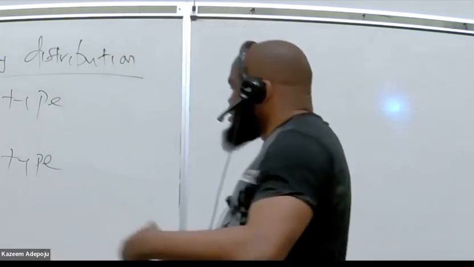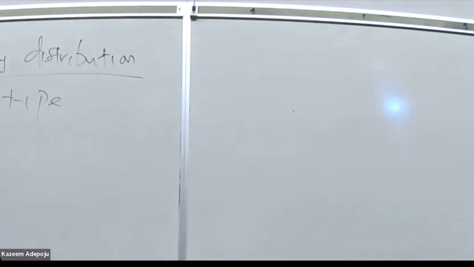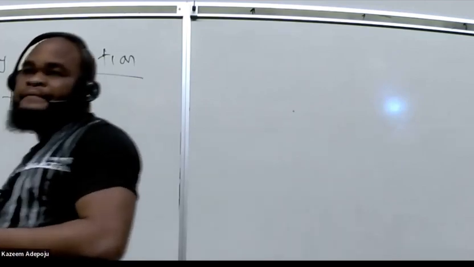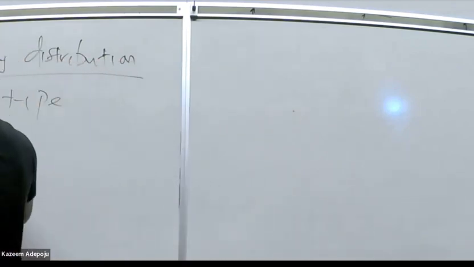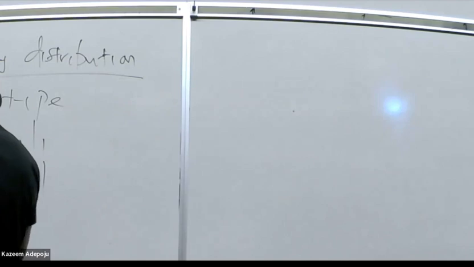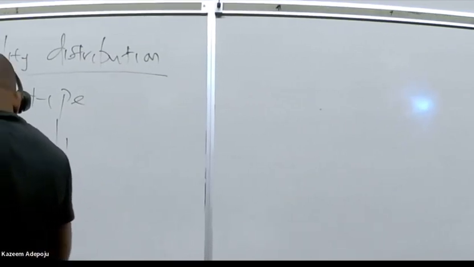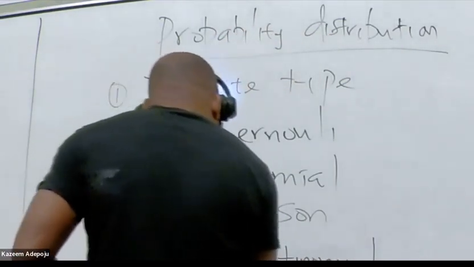Now, let me tell you that under the discrete type, I remember we started working with Bernoulli. We talk about binomial. We talk about Poisson distribution. We talk about multinomial. We talk about hypergeometric.